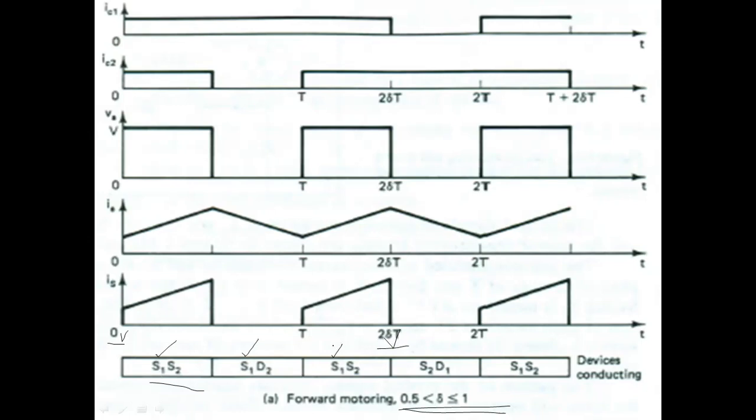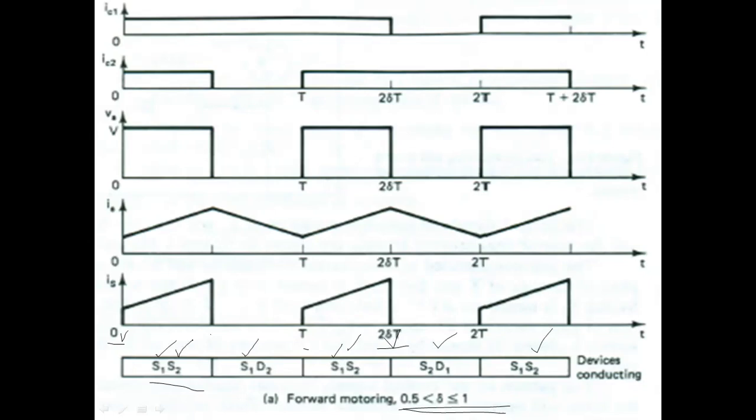So S2 will be on from T to T plus 2 delta T. So this is from T. From T, S2 will be on up to T plus 2 delta T. So the period repeats here also.